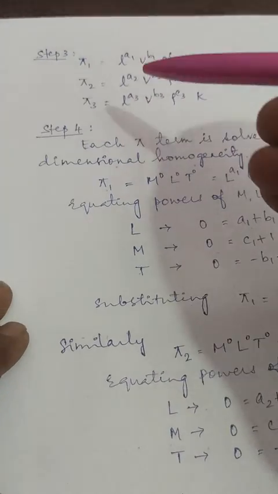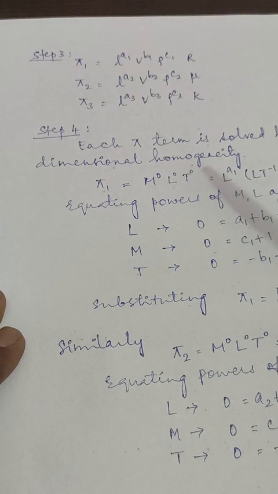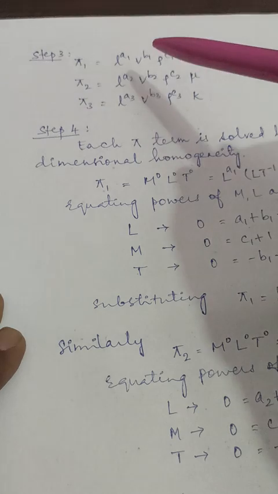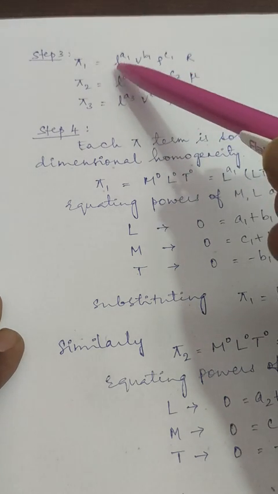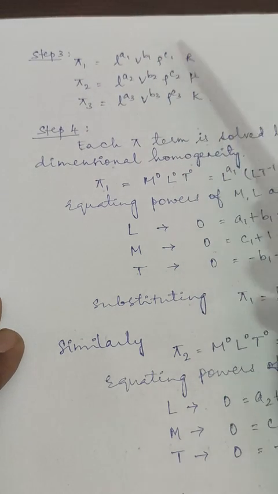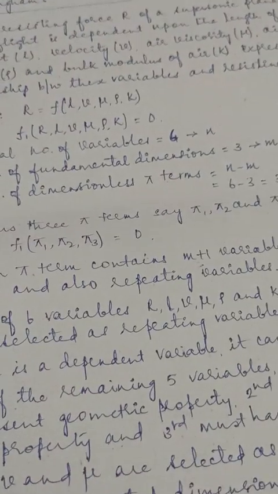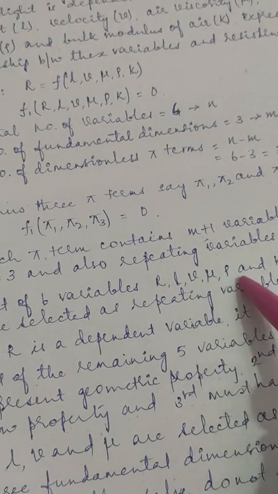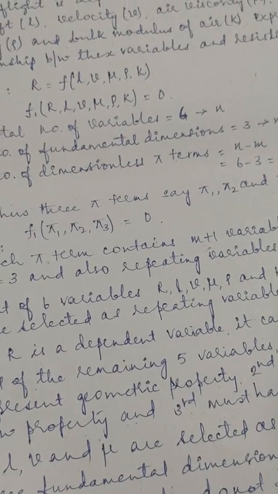As it is said, an individual pi term contains 3 variables which are repeating. So we have selected length, velocity, and density, right? As I said earlier, you can take density, viscosity, or bulk modulus.